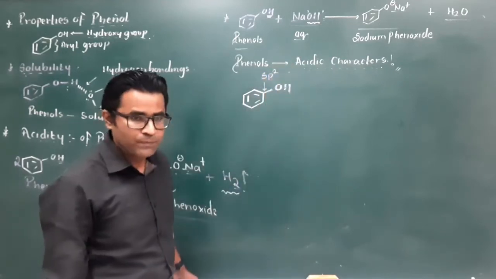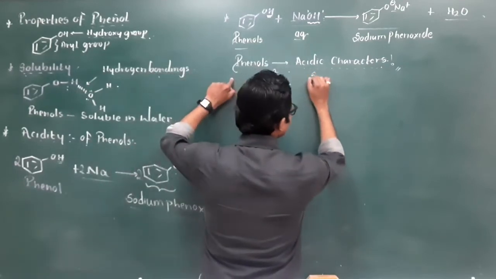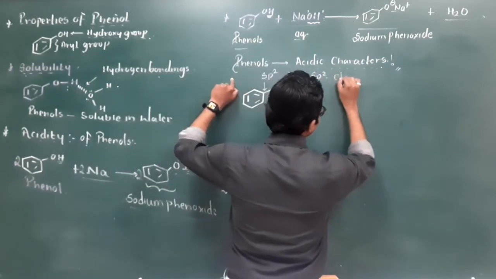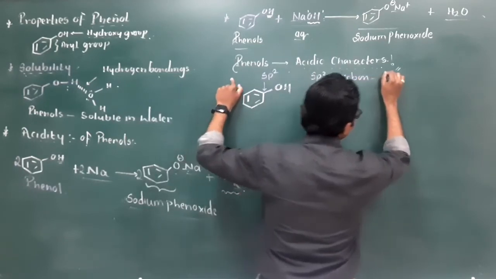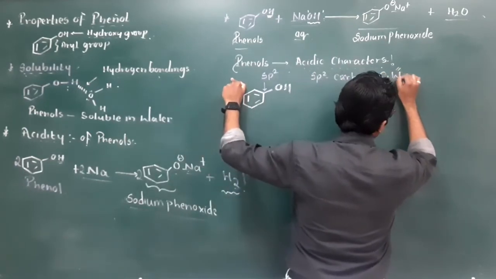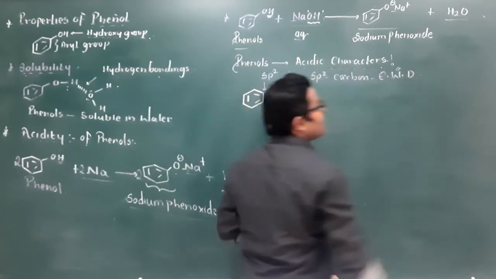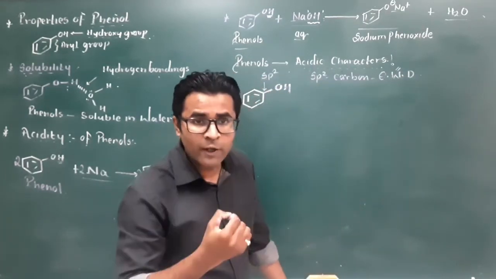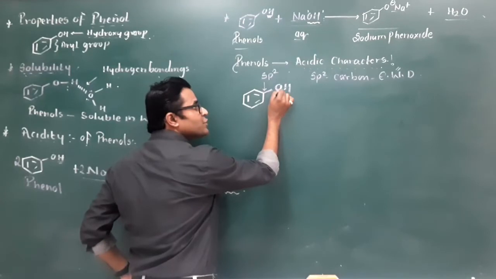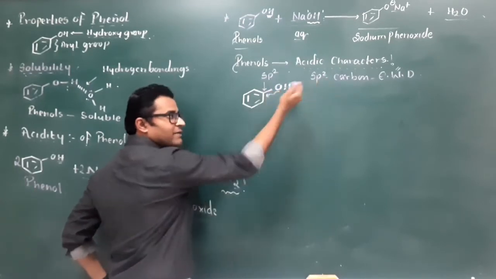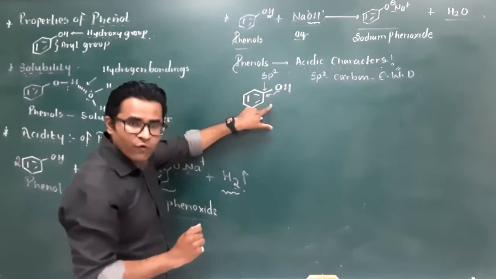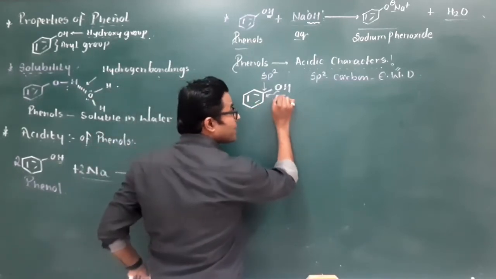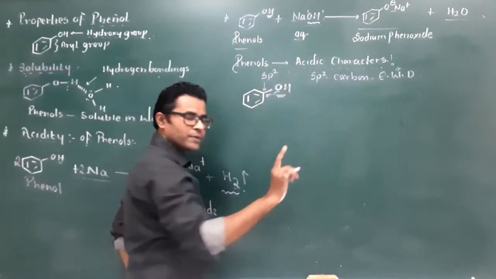Now this sp2 hybridized carbon is electron withdrawing in nature, that means it will tend to take the electron density from the oxygen towards the benzene system. As a result, a polarity is generated between oxygen and hydrogen.